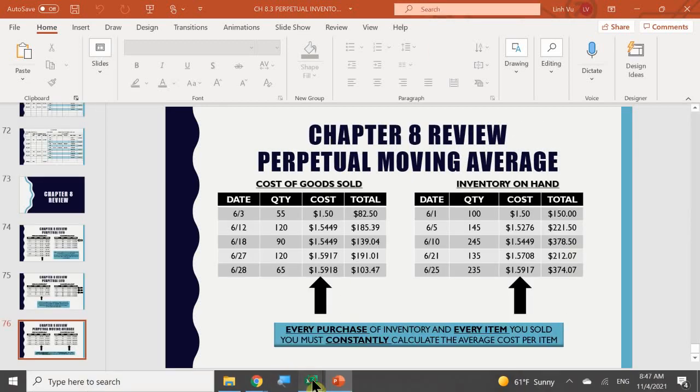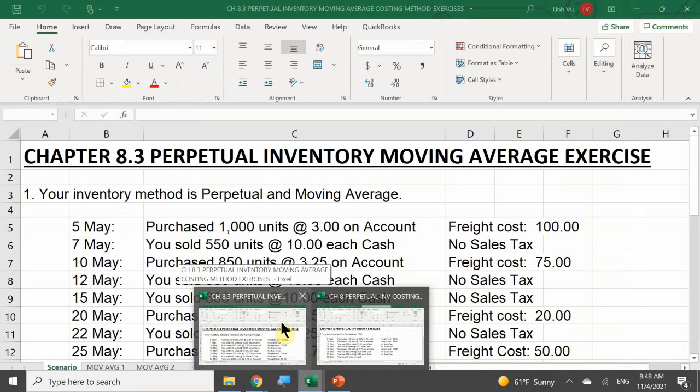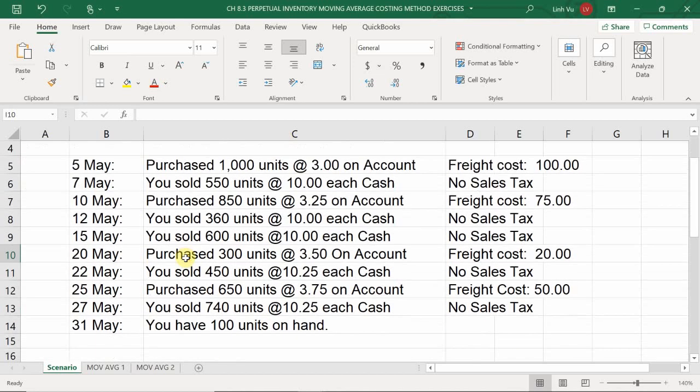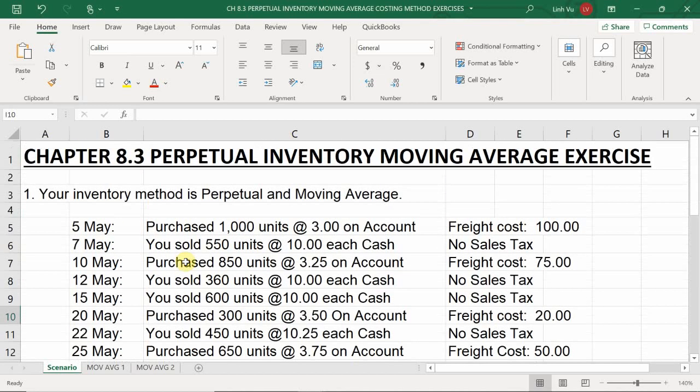So let's go ahead and dive into my exercise right here, chapter 8.3, perpetual moving average. Once again, this is going to be one of the fairly easier concepts to learn here.